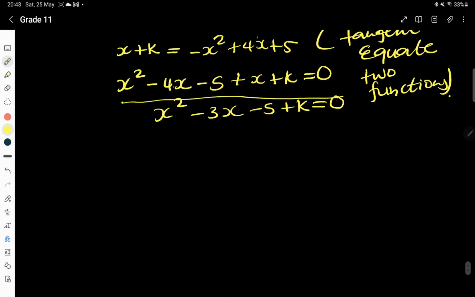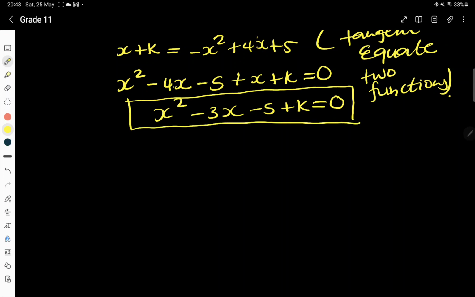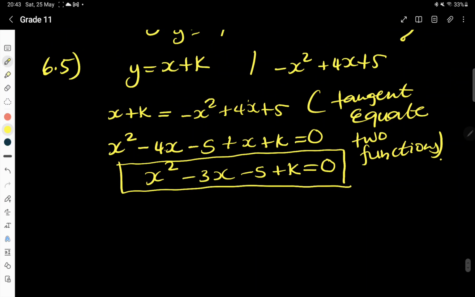Now nature of roots applies. So step number 1, when you say tangent, you equate two functions. Remember, when it's a tangent, it touches the graph once. So what is the nature of roots when you have something like that?